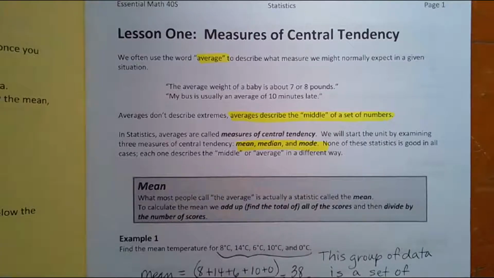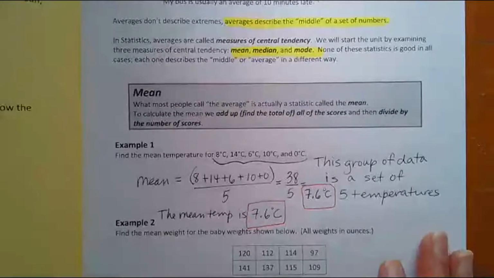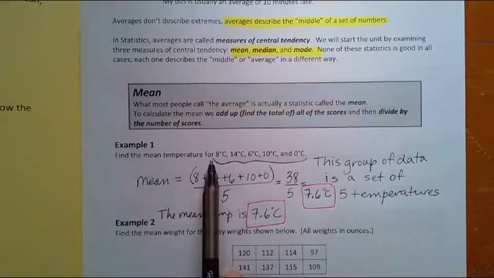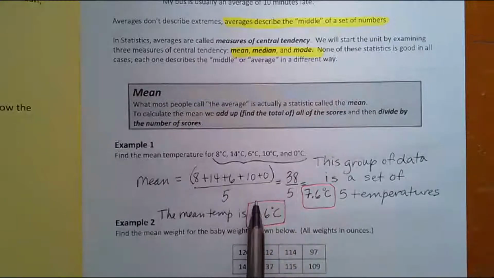So the mean is not that difficult to calculate if you have a calculator, right? You definitely need a calculator for this unit. You just add up all of the scores, divide by the number of scores. This becomes difficult if you have a large group of data, right? If you have hundreds of pieces of data, it gets very difficult. In that case, we probably wouldn't be using a hand calculator.